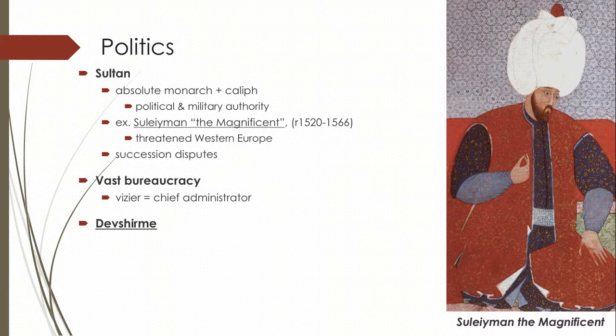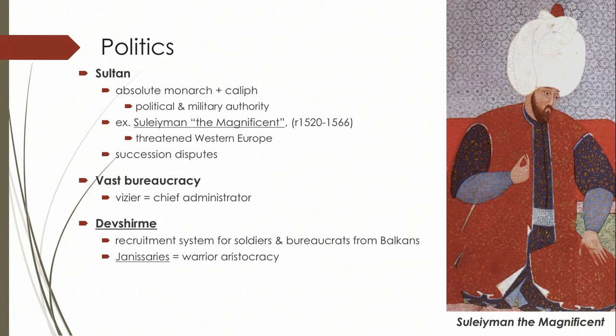A lot of peasant families, honestly, were not too put off by this idea. Some of them needed quick cash, realized they could not afford all the children that they had, so willingly sold their sons into slavery to the Sultan. So this is that process of devshirme. Again, a recruitment system for soldiers and bureaucrats from the Balkans.